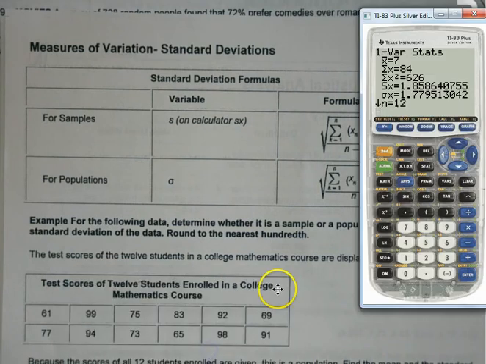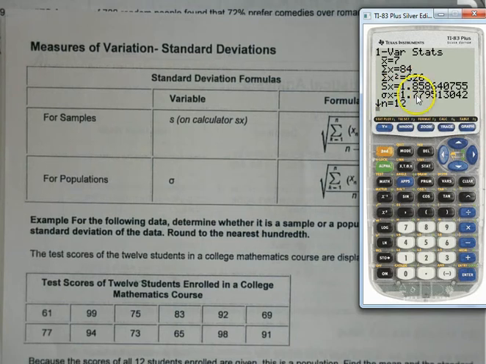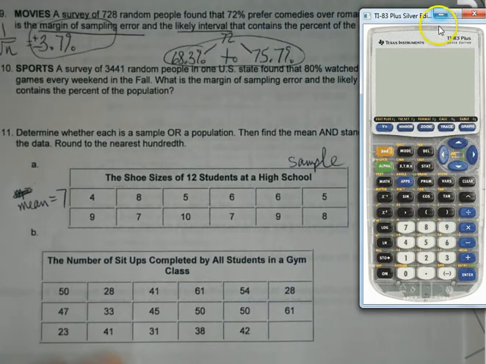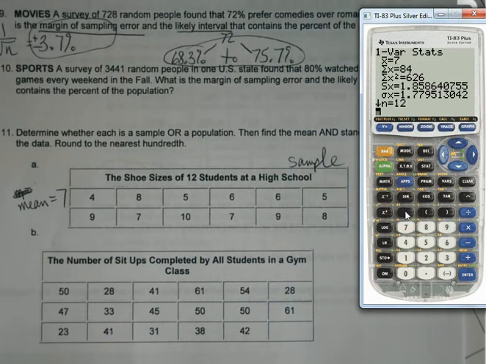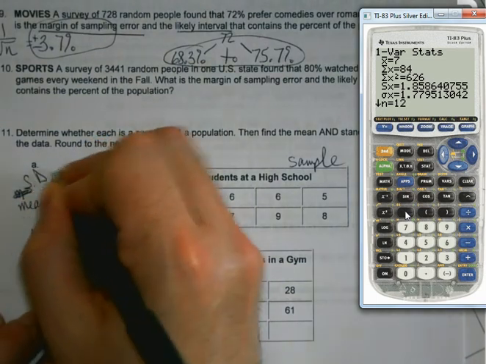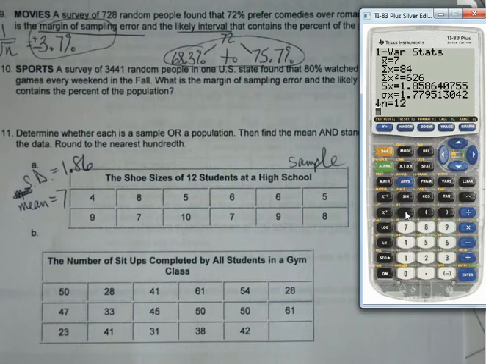Let me get the calculator back up while we have them. Okay. So my sample is here. My population one would be here. So since we determined it was a sample, I'd go with the .86. If it would have been a population, I'd have done the 1.78 on that.